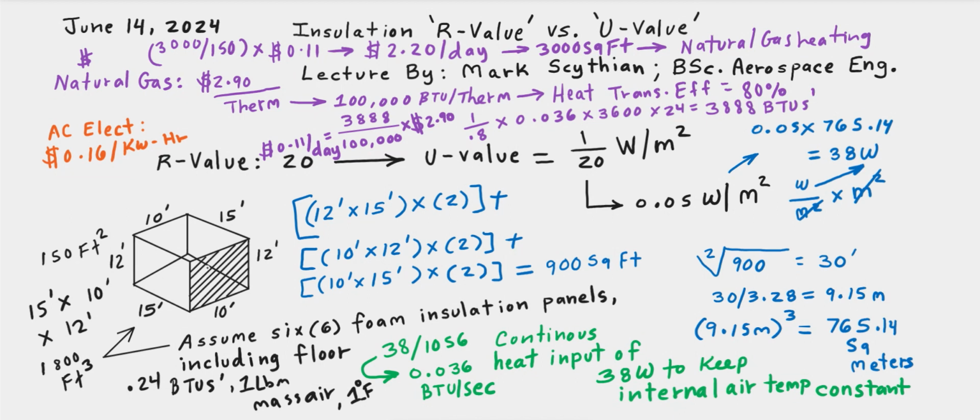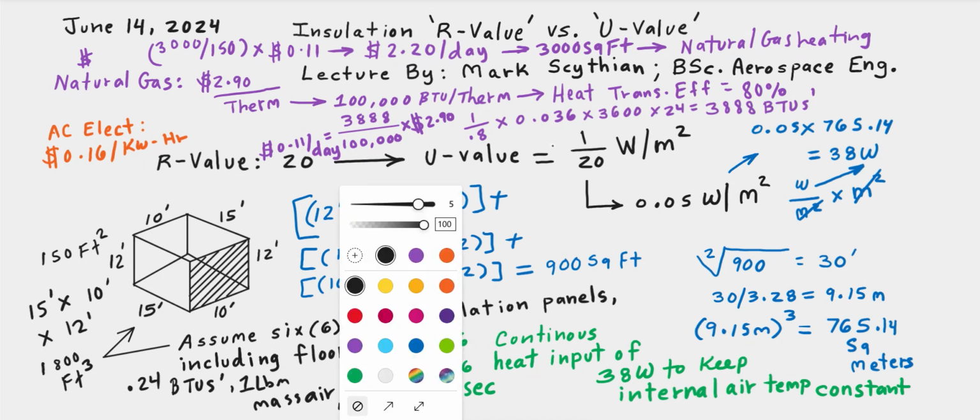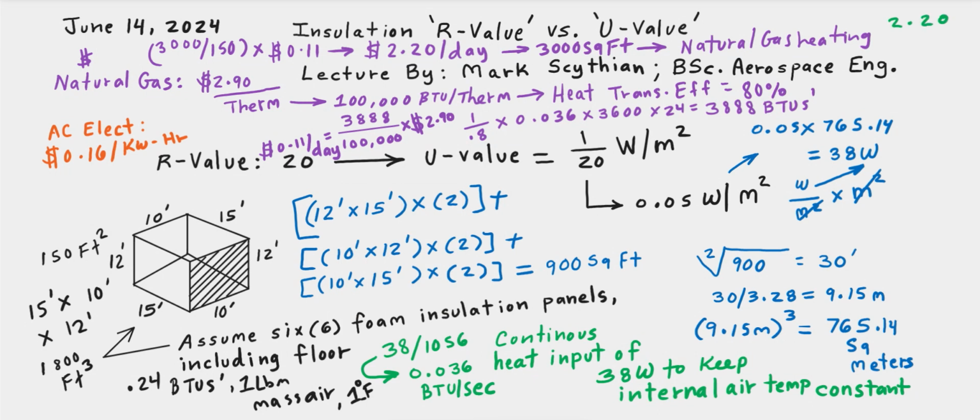And we did an isolated analysis over 150 square feet, and then 3,000 divided into 150 is 20 150 square foot sections times 11 cents. So we kind of narrowed it down to about $2.20 per day.